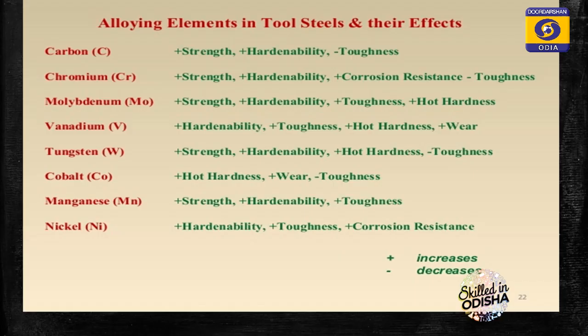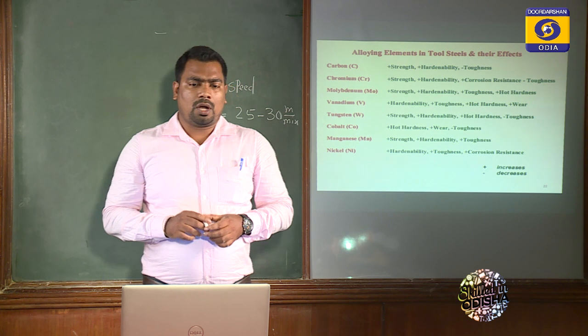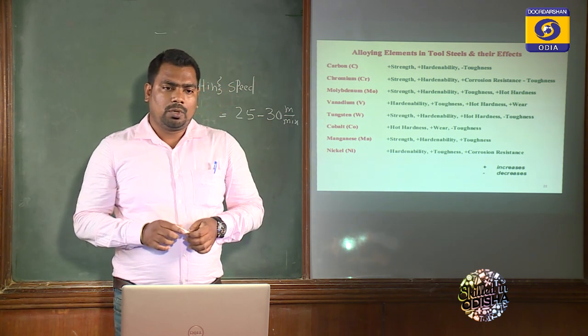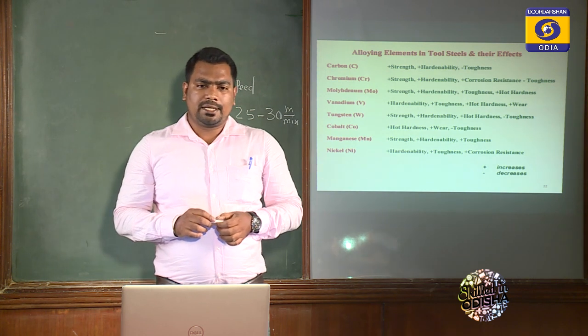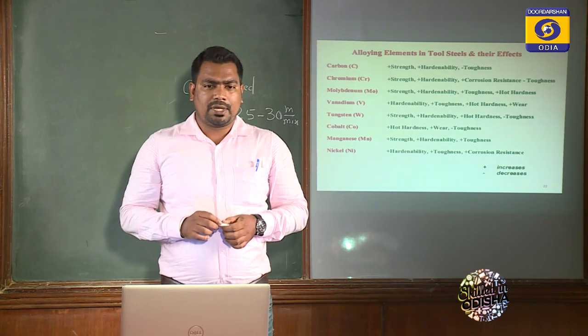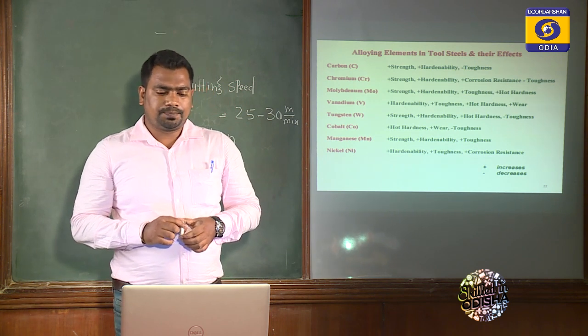Also silicon adds some amount of strength to the cutting tool materials. Then comes chromium, molybdenum and tungsten. These three come in a particular group which generally increases our wear resistance, abrasion resistance and also increases strength.